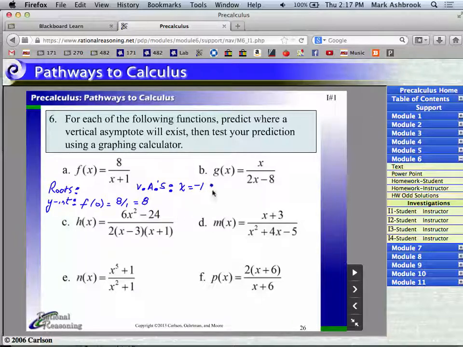We have just a number all the way to the right, if there's no x.